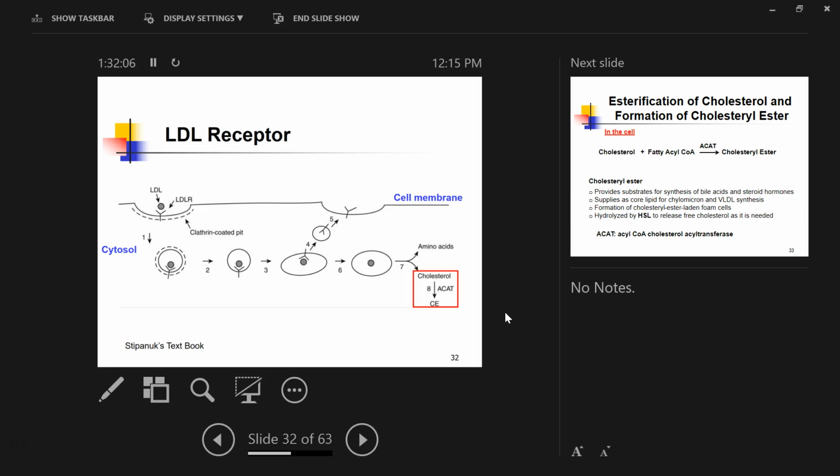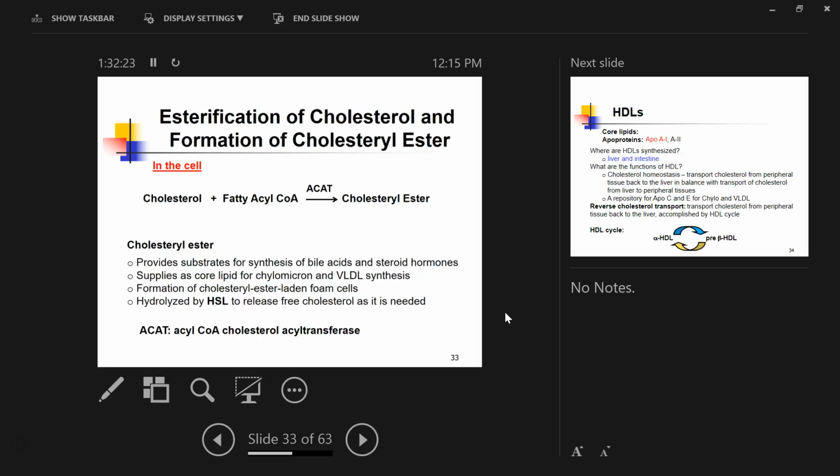Free cholesterol is eventually reesterified to cholesterol esters in the cells. Depending on the type of cell, the cholesterol esters can be used for synthesis of steroid hormones, or bile acid in the liver, for disposal. This reaction is called reesterification of cholesterol to form cholesterol esters.